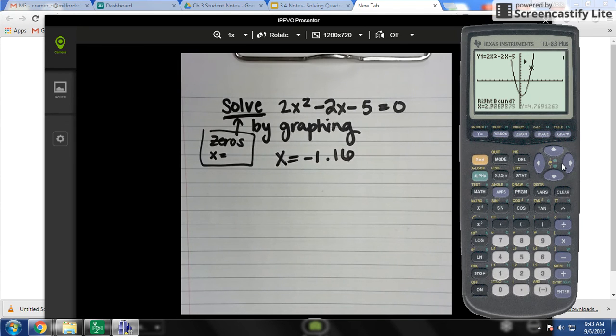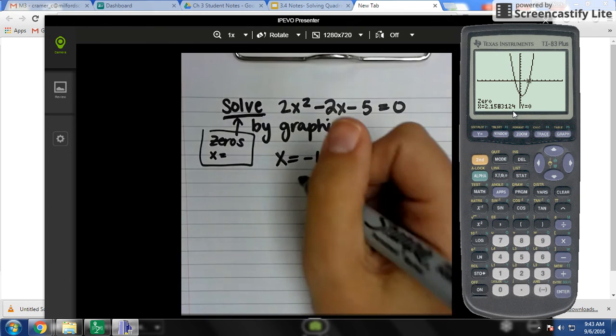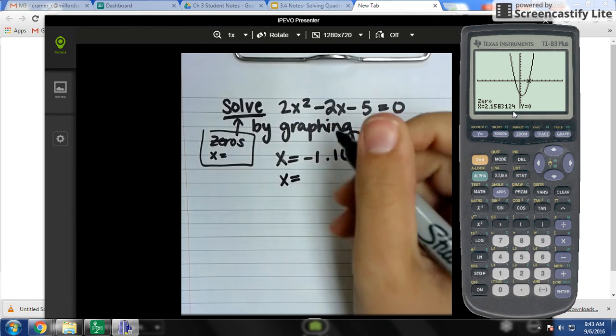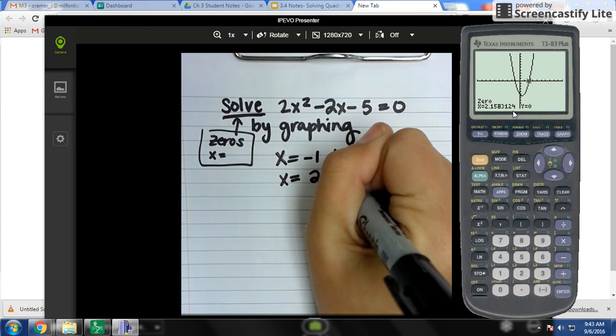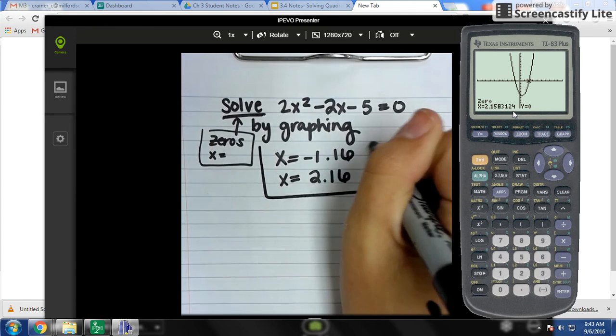We want to go back up to the 0 and now to the right and hit enter and then guess. And our arrow should be pointing right towards the space, the column that falls in. Enter, and we get 2.158. So our second answer is x equals 2.16. So those are our two answers.